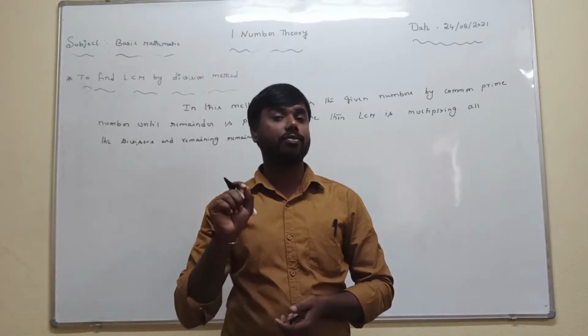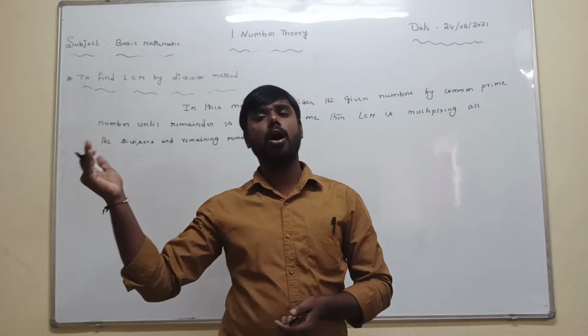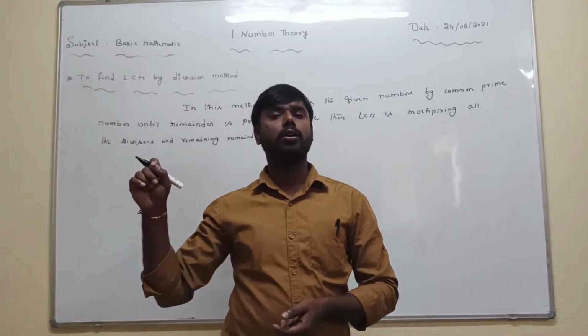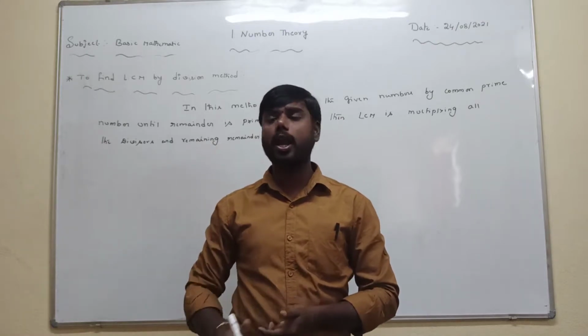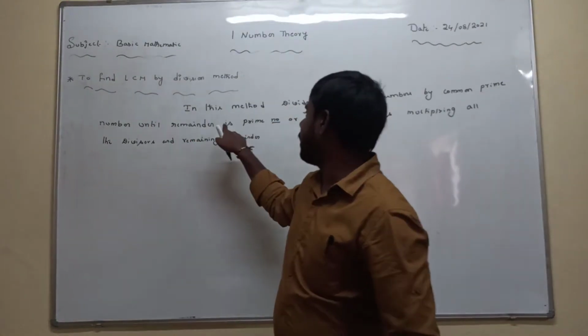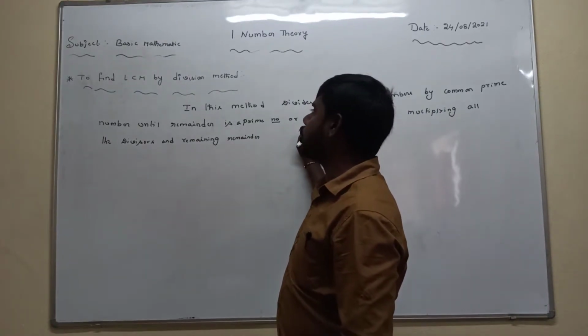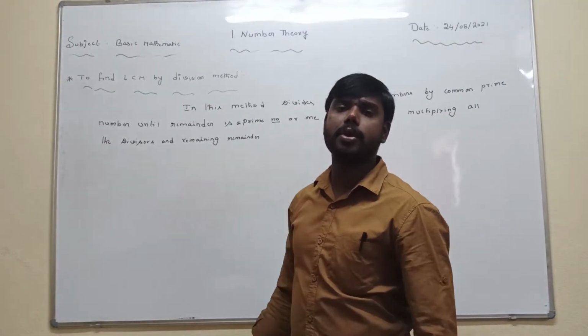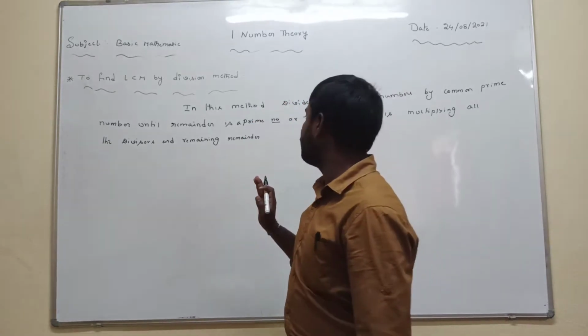What is the condition for the division method? Divide all the given numbers by a common prime number until the remainder is a prime number or 1. Then we stop the division. Then LCM is multiplying all the divisors and remaining prime numbers.